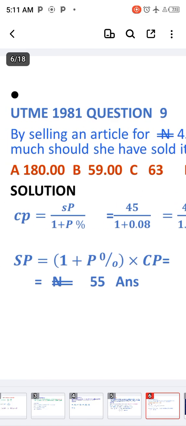Now we are going to fix a profit of 32% to the cost price. That will now be our selling price.